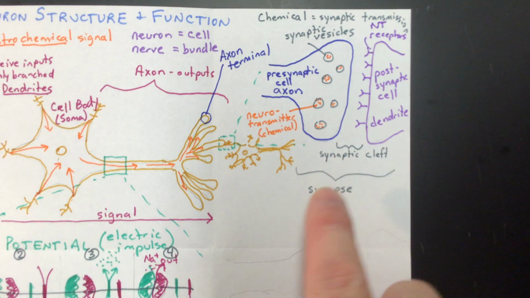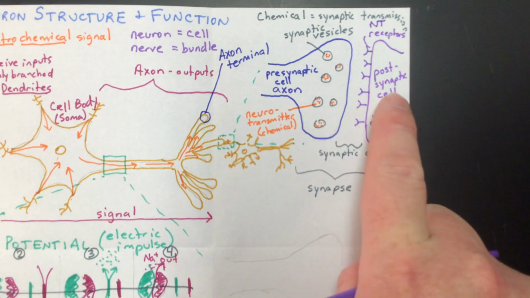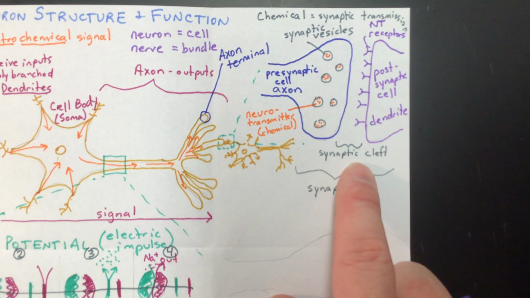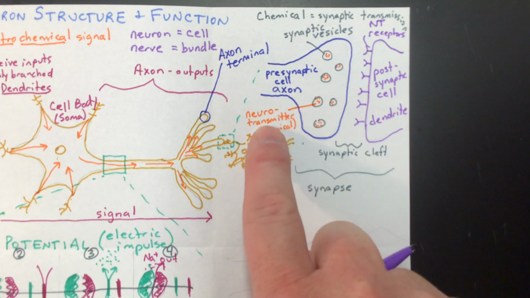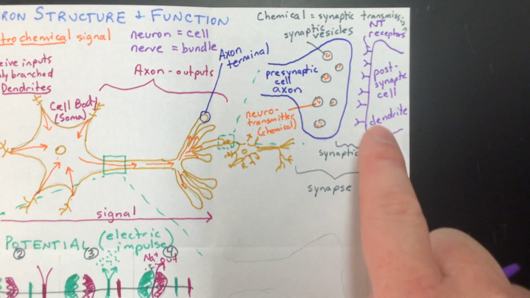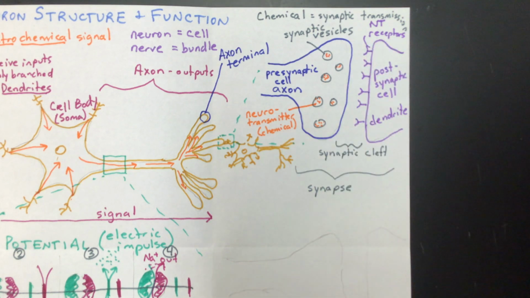All right, so a synapse is made up of a presynaptic cell axon, a postsynaptic cell dendrite with a gap called the synaptic cleft in the middle. We're going to use neurotransmitters to do chemical signaling from one neuron to the next, and this next neuron's dendrites are able to receive that signal because they have specialized neurotransmitter receptors.